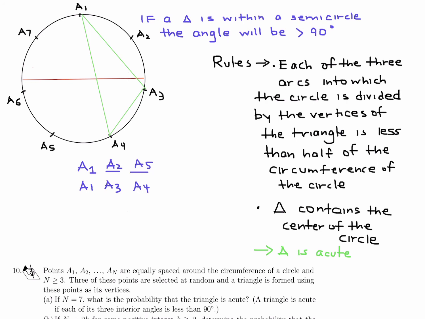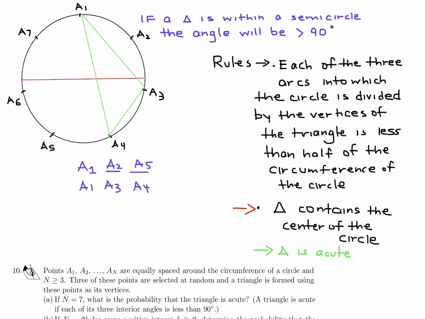And just in case you're wondering, well, you haven't even talked about rule number 1 yet. Can you discuss that at least? Okay, well, let's discuss that. This triangle doesn't qualify because it doesn't meet both rules, right? The first rule, of course, that I keep talking about, is that the center has to be contained. The center is here, right? It's obviously not inside. But look at this first rule.